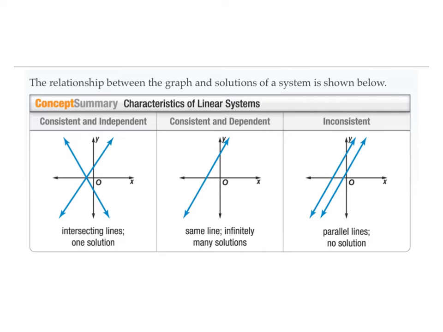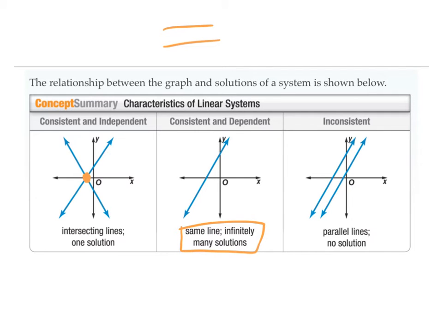We have three different types of solutions here. Remember, we have two equations. We can have one solution to our two equations, which will be the point where they intersect. We can have infinitely many solutions if our two lines are the same exact line.